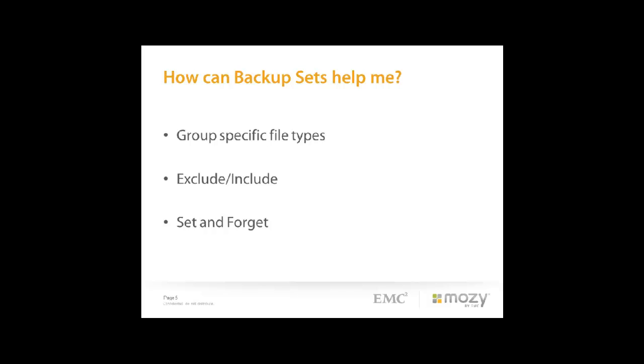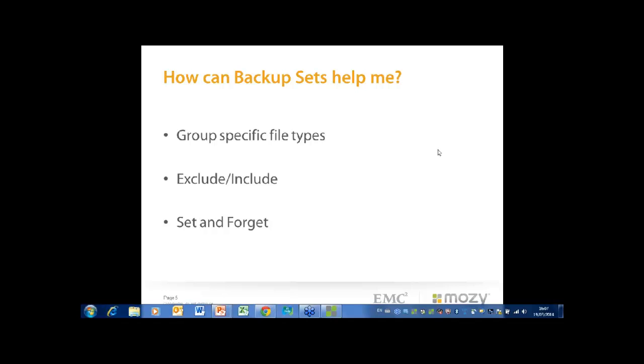For example, if you didn't want music at all to be backed up off your machine, or you didn't want particular file types backed up, but you wanted your entire desktop. So you can create exclusionary rules.